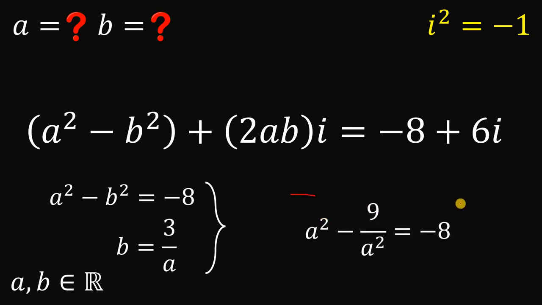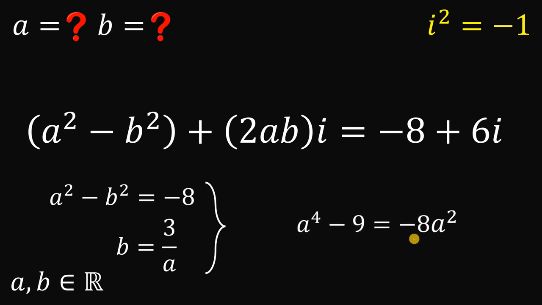And now, let's multiply all of these terms by a squared to eliminate the denominator. If we do that, we get a to the fourth power minus 9 equals negative 8a squared. Now, let's add 8a squared on both sides. This will give us a to the fourth power plus 8a squared minus 9 equals 0.